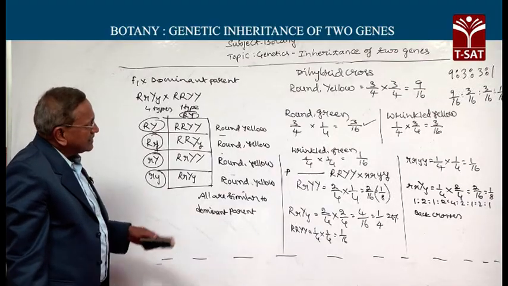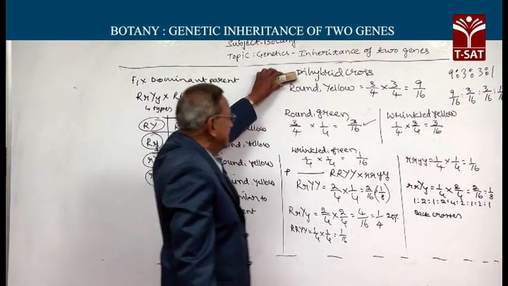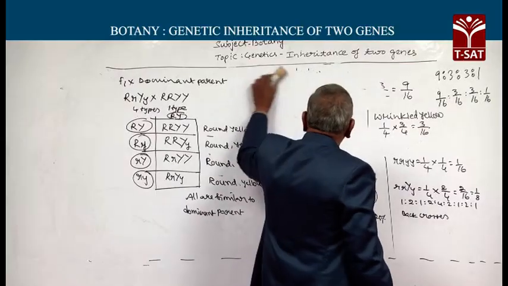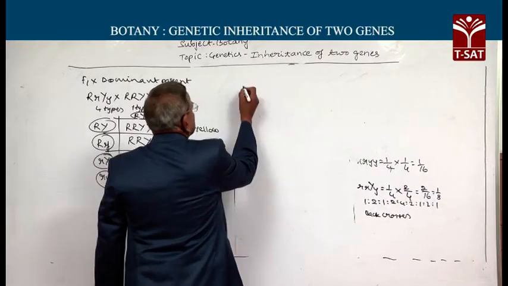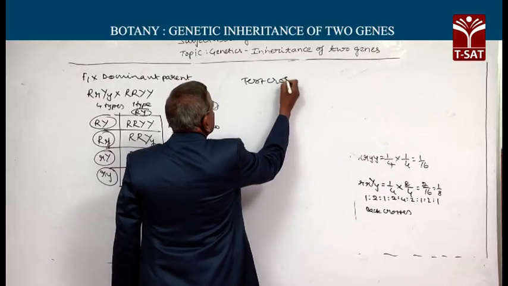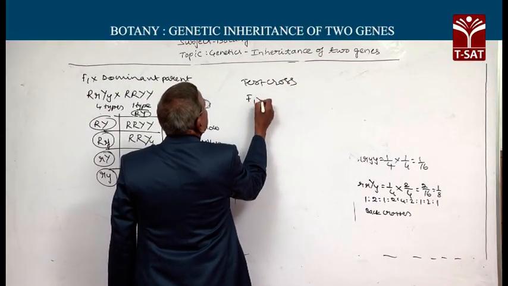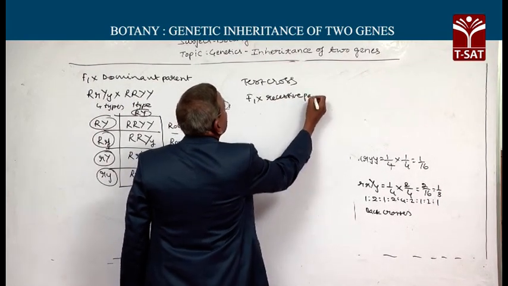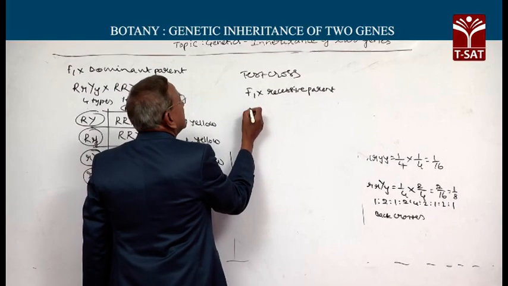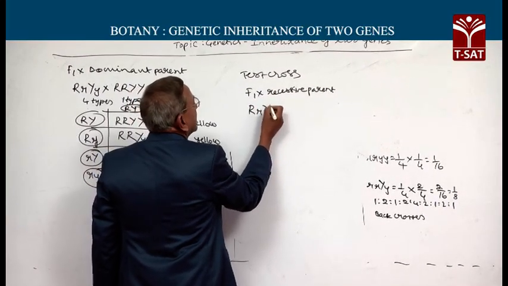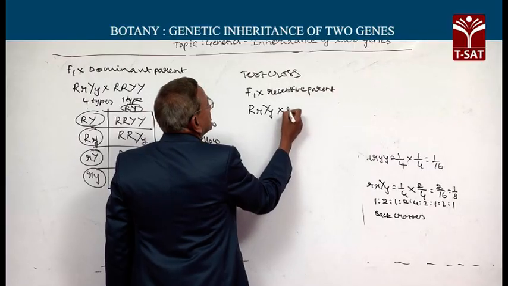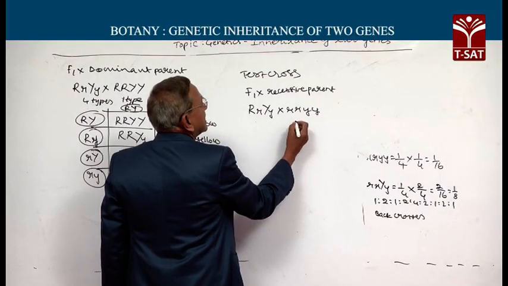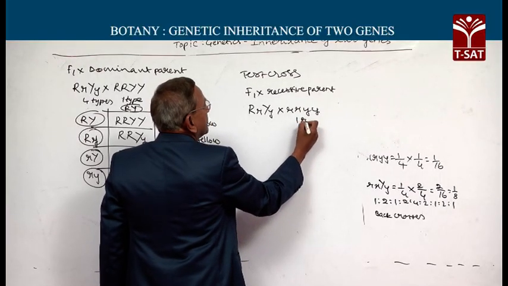Let us consider test cross result for the same. About the test cross result, here F1 is crossed with a recessive parent type. F1 is capital R small r, capital Y small y, crossed with small r small r, small y small y. It is homozygous, so it will produce only one type of gamete.